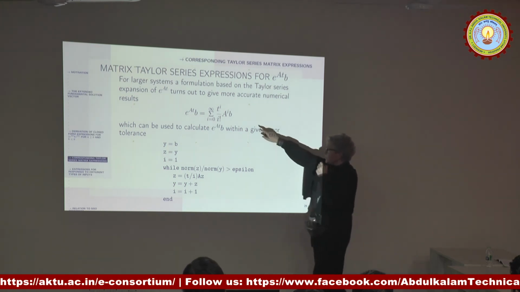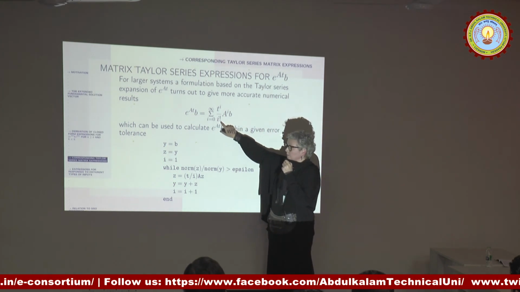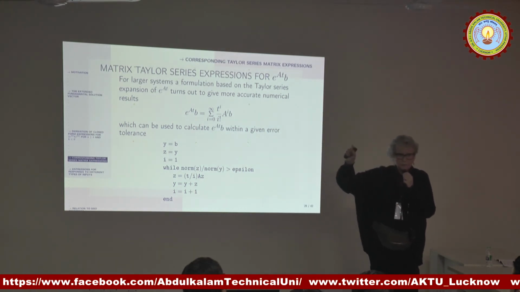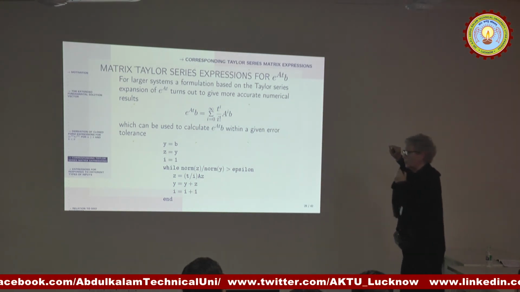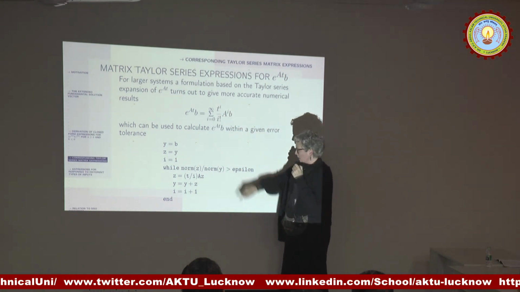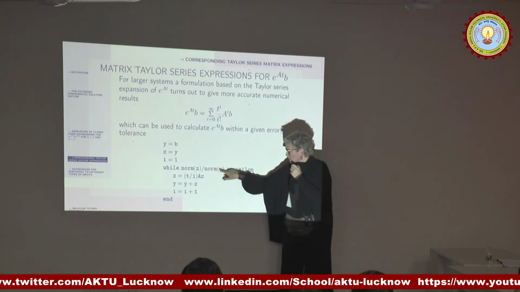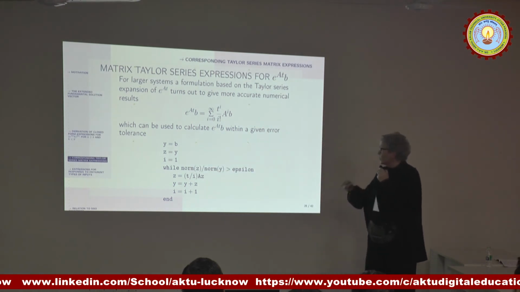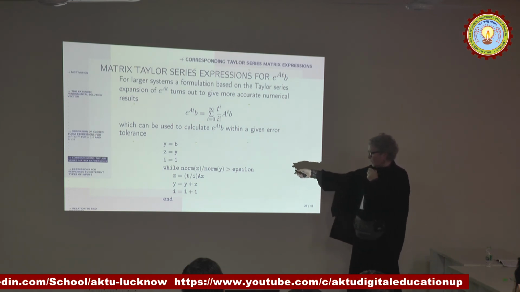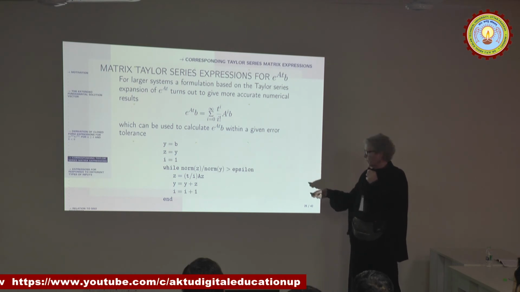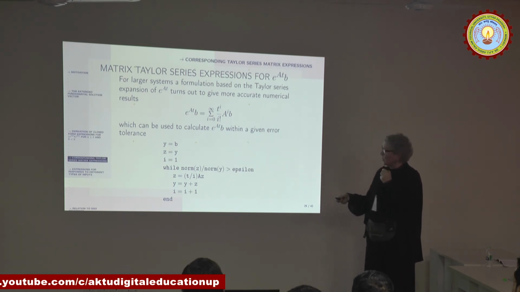But the thing is that this guy here, the i factorial, kills down the terms fairly quickly, so we don't need to compute that many of those. We do this subject to a norm, which we continue to compute while this is greater than some epsilon, and then we stop.